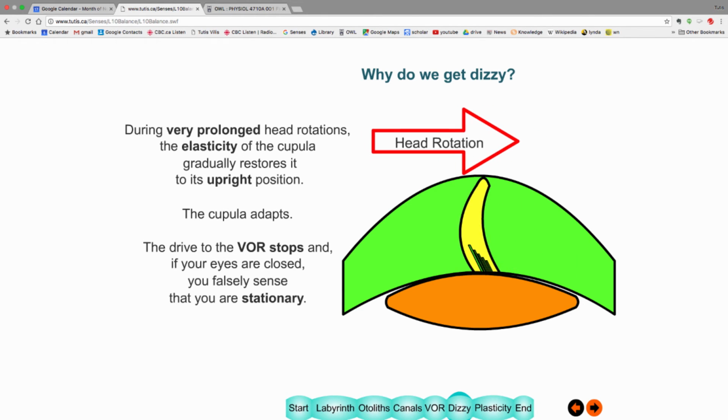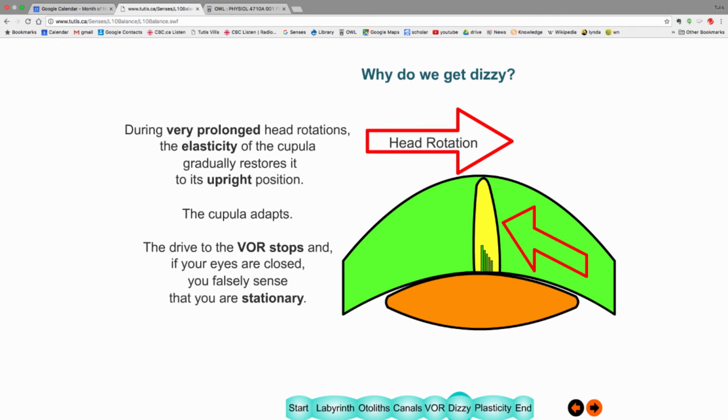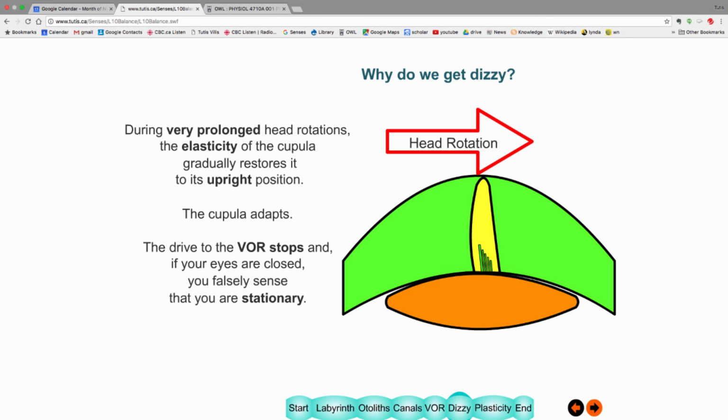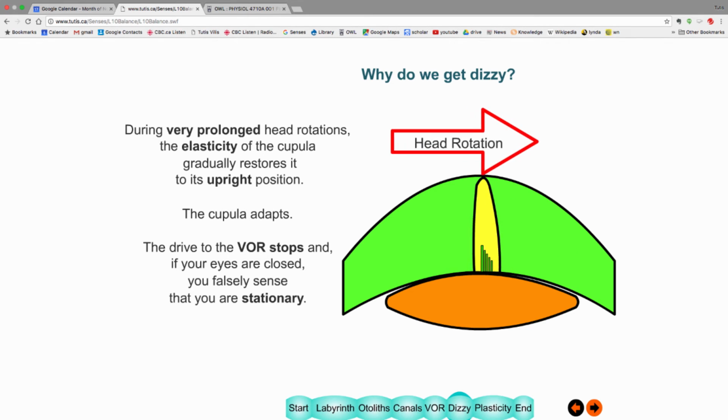And then if you maintain that same rotation for a long time, your hair cells will come back to the vertical position. So that they won't stop firing, but they'll come to the resting state. And you'll sense, or your vestibular system will tell you that you're not turning, that you're stationary.